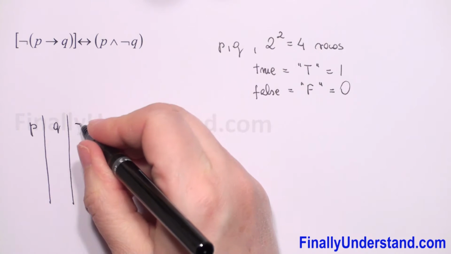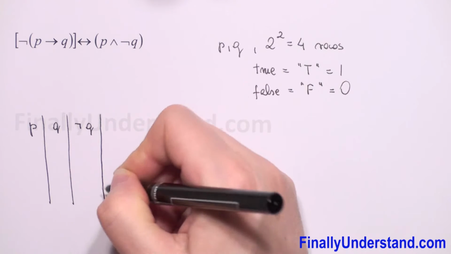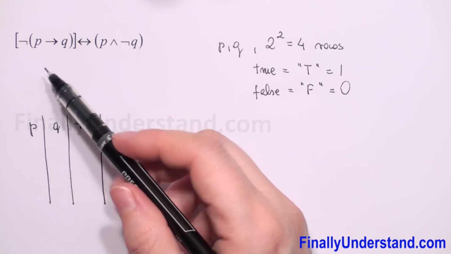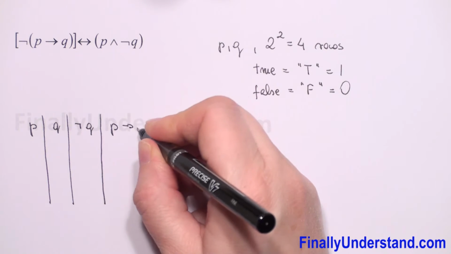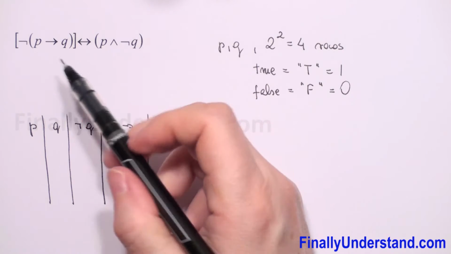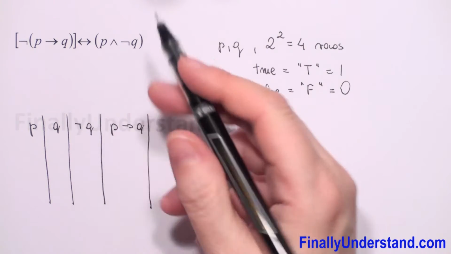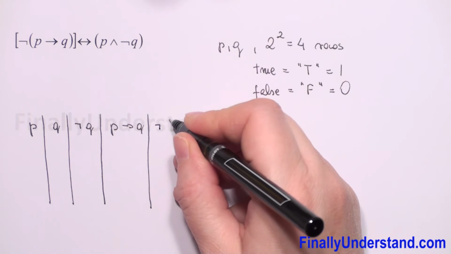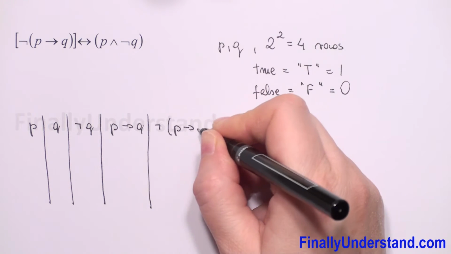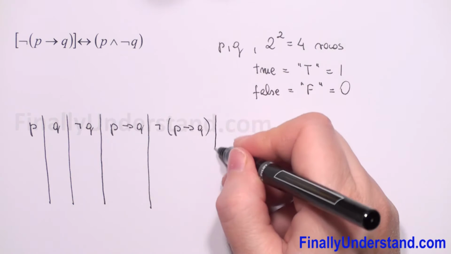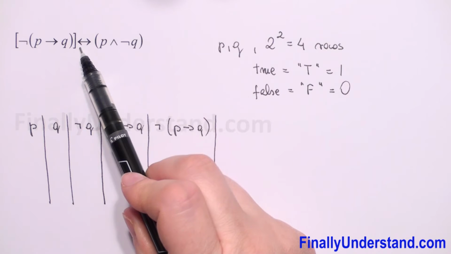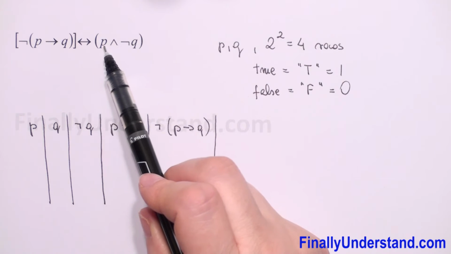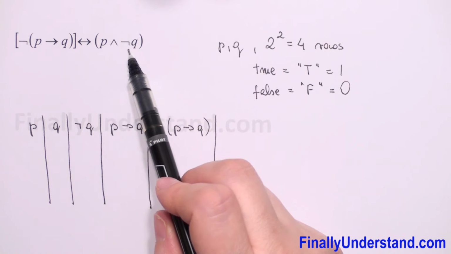We have not Q. In the next column we have the first parentheses, so we have P implies Q. Next we have the negation of the conditional statement, so we have not (P implies Q). And we have this symbol, which is for the biconditional statement. It means if and only if, and we have in parentheses P and not Q.